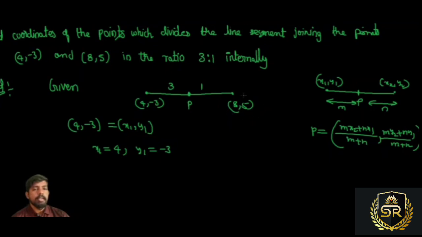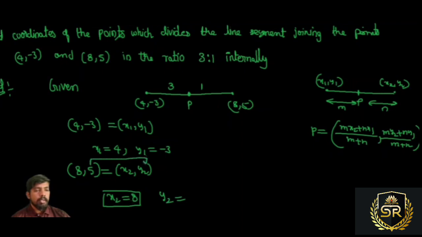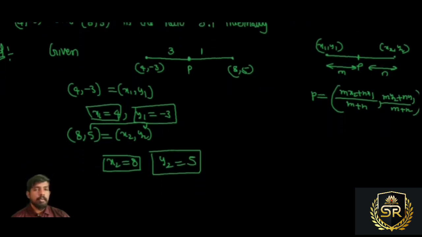Similarly, the other coordinate is (8, 5), which we compare with (x2, y2). So x2 is 8 and y2 is 5. Now x1 is 4, y1 is minus 3, and similarly we got x2 and y2.